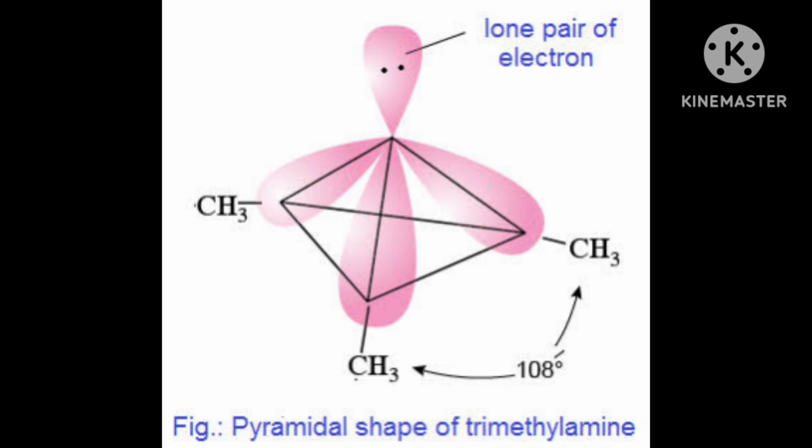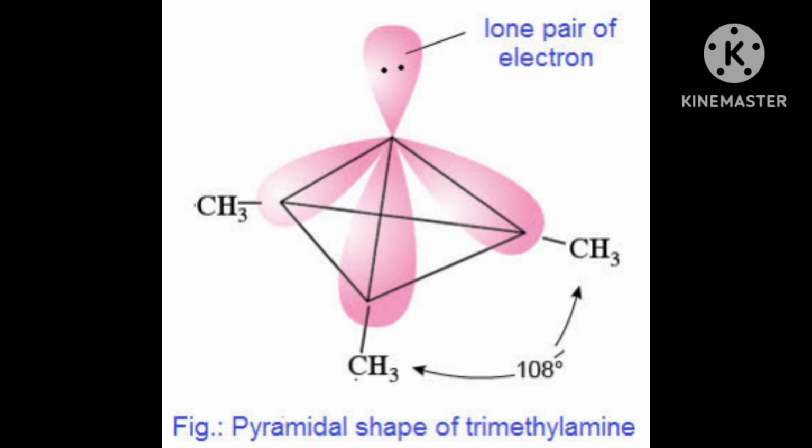CH3NH2 is named methanamine. In case more than one amino group is present at different positions in the parent chain, how will you do the nomenclature?